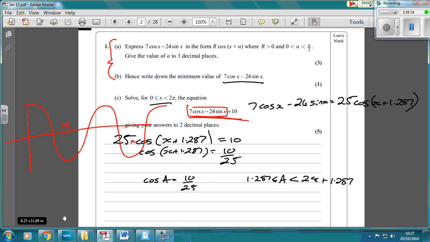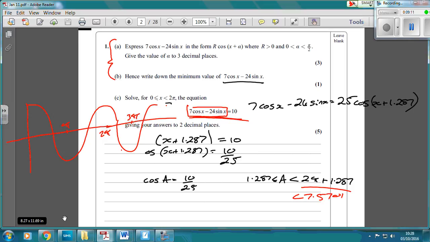So that's going to be pi, that's going to be 2 pi, that's going to be 3 pi. If we work out this value here, 2 pi plus 1.287, that's 7.5701.